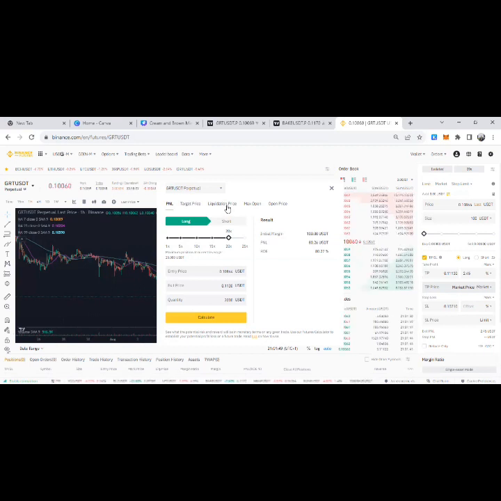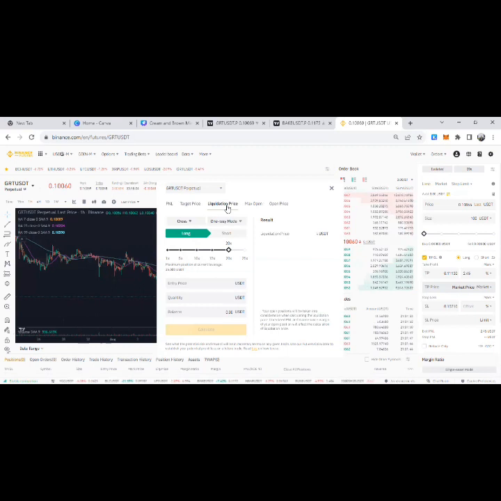So the liquidation price, I click on it. Let's say this trade is a losing trade and I want to calculate my liquidation price. I simply come here and click on liquidation price. Our entry price is what? Where's our entry price? Can't find it again.